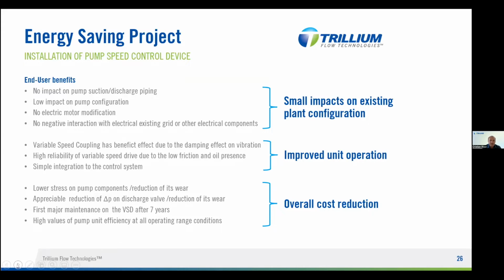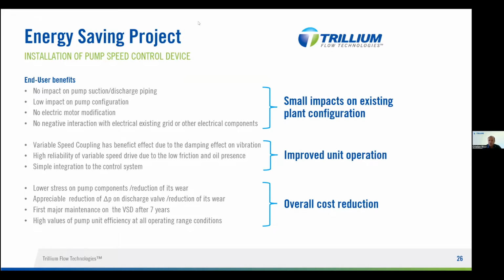In this chart, we show the end user benefit. We have shown the end user benefit mainly in three categories. One category is the existing configuration versus the new configuration, because of course we are now talking about the modification and implementation of projects that we are doing in an existing plant.